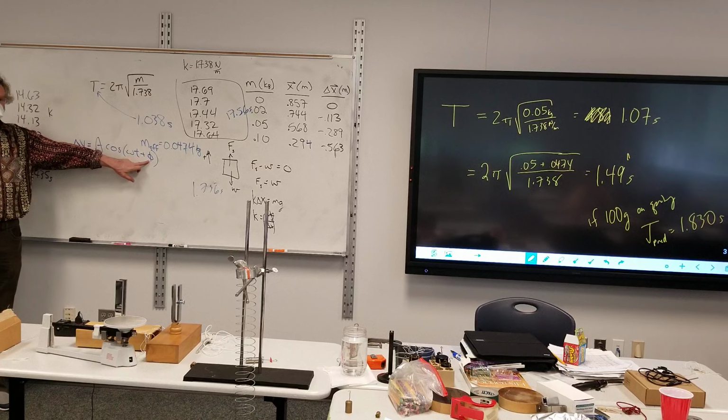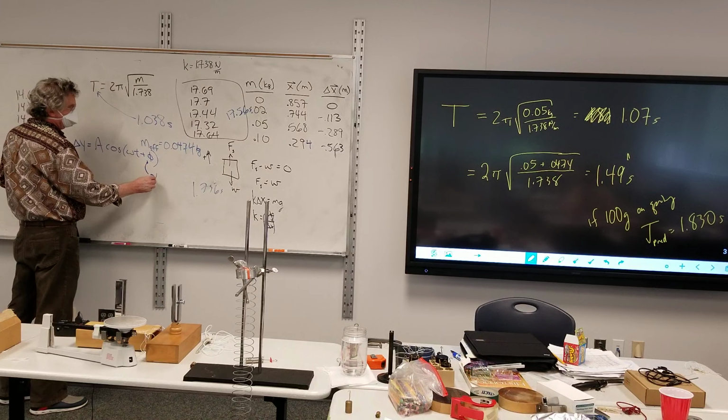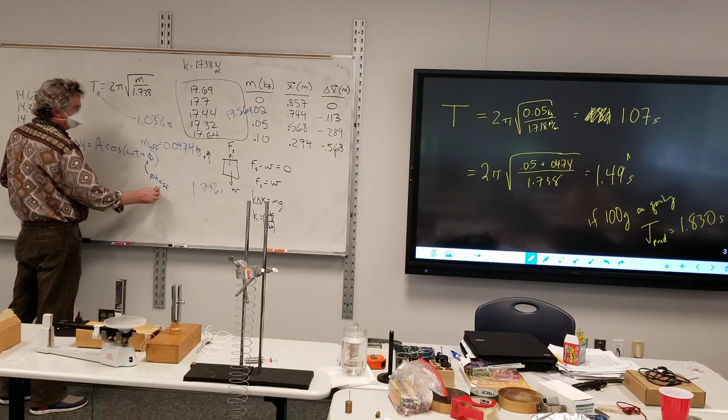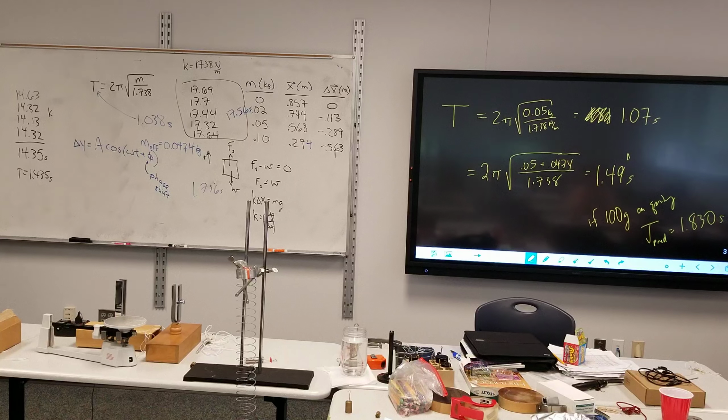This phi here is known as the phase shift, and that's to account for the fact that we're not always starting this at 0. It's quite possible for me to just get it going, and then we start timing it at some point after it's already started moving.